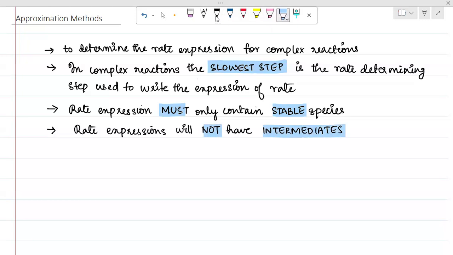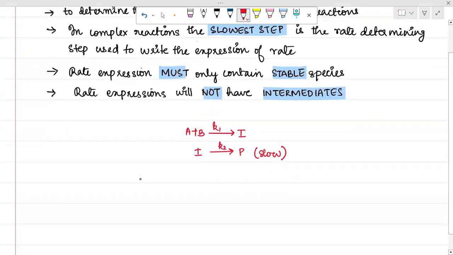What do you mean by that? Take a hypothetical example. Let's say I have A plus B, which forms some intermediate I with a rate constant of K1. And this I further becomes products with a rate constant of K2. It is given in the question that this is the slowest step.